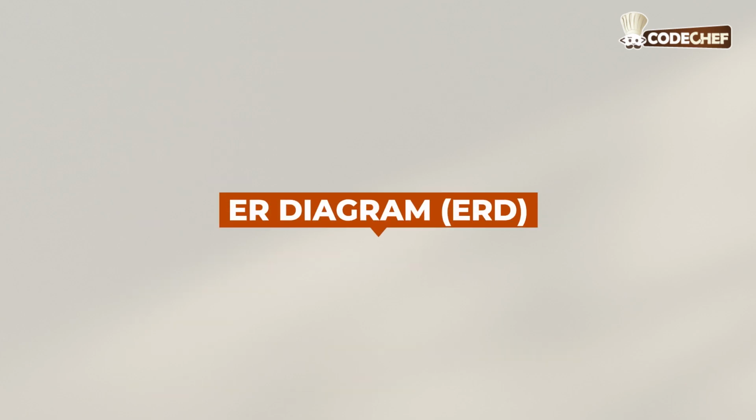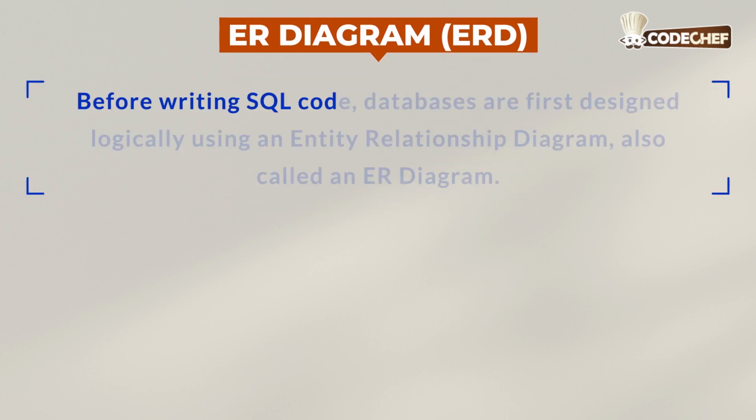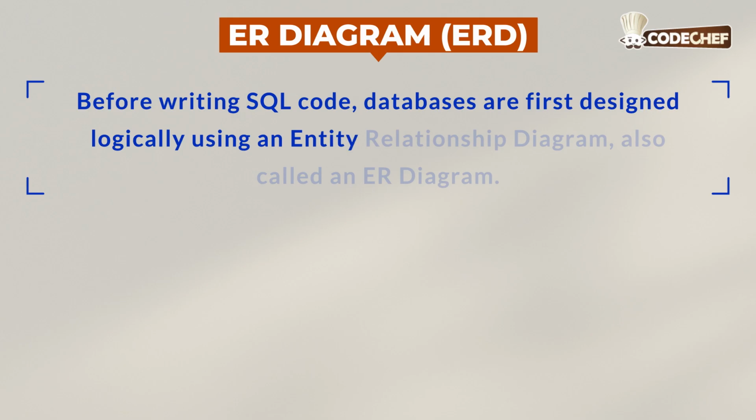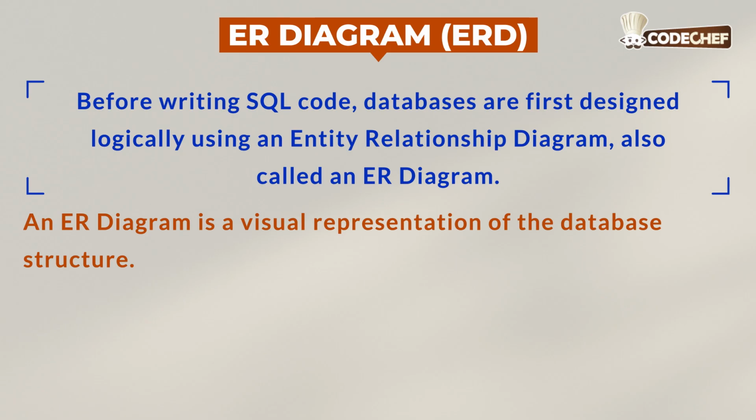ER diagram. In short, we call it ERD. Before writing SQL code, databases are first designed logically using an entity relationship diagram, which is also known as ER diagram. An ER diagram is a visual representation of the database structure. So whenever we want to design a database, we first create its ER diagram to decide the overall structure of the database.